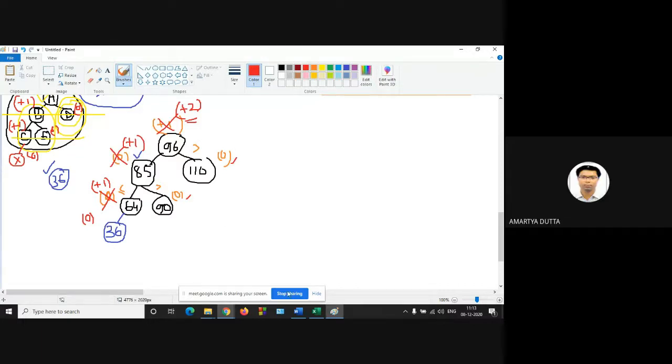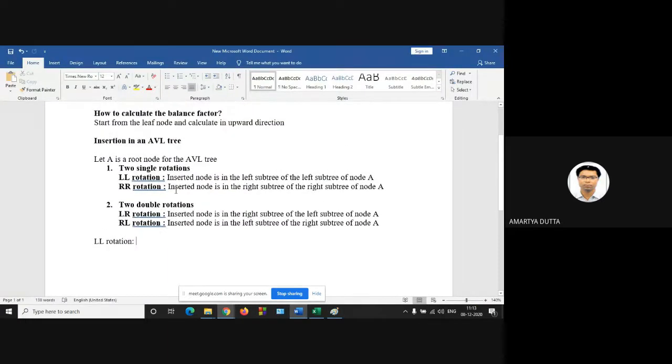There is a rule: examine the nodes starting from the leaf. Examine the node starting from the leaf that violates the AVL property.